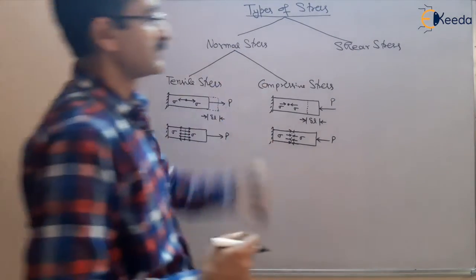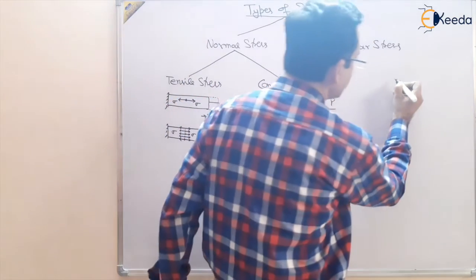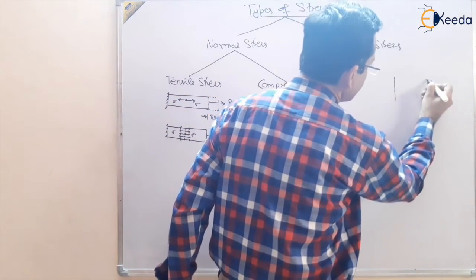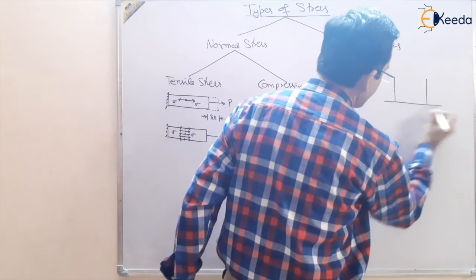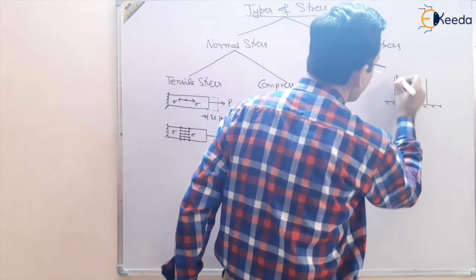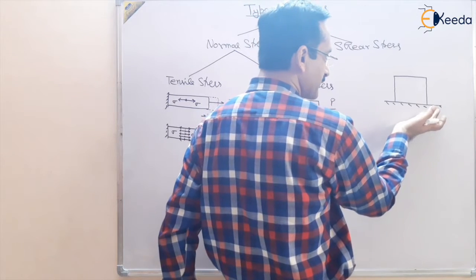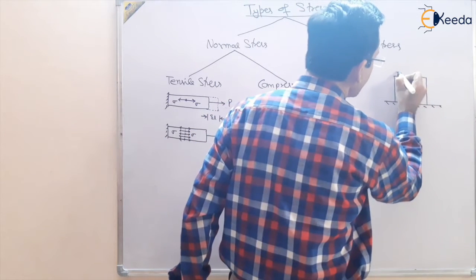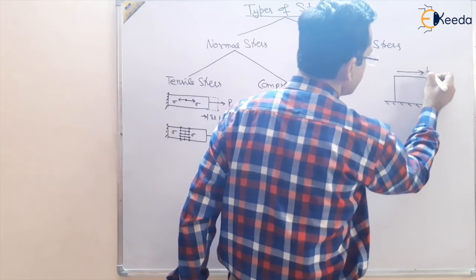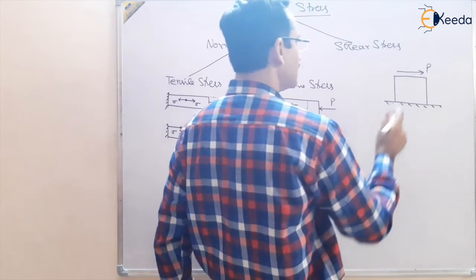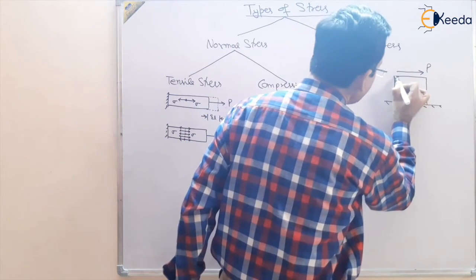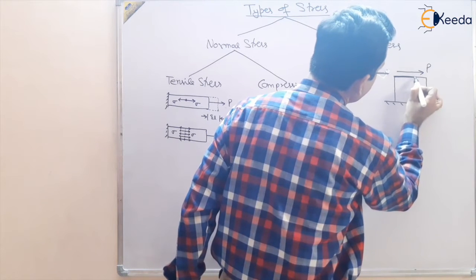What is shear stress? It is when the force acts parallel to the area. For example, a block placed on the ground or earth, and a force P is applied parallel to the cross section like this. I am highlighting this area A, the area at which this force is applied.